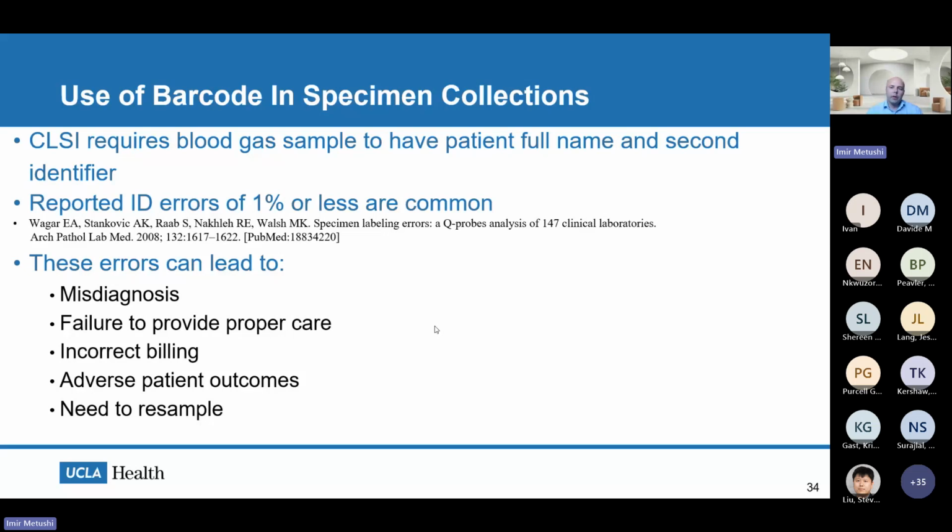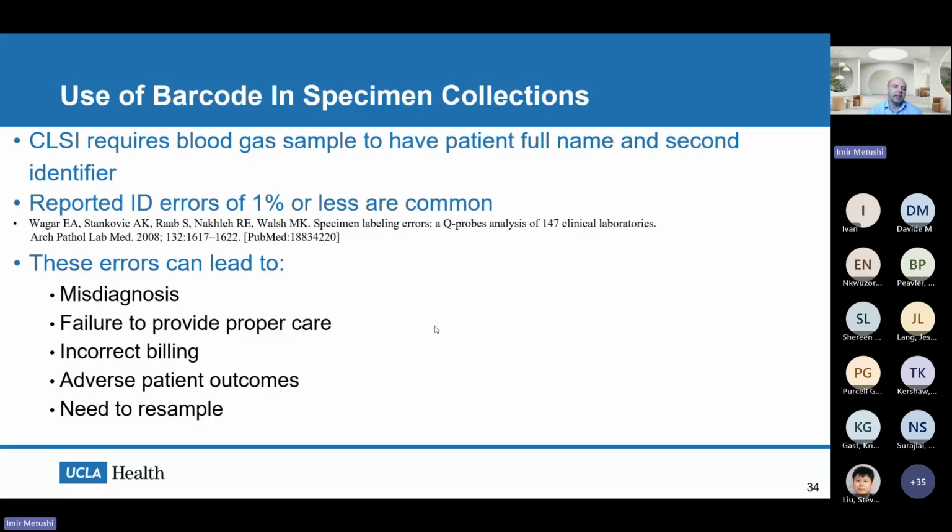However, the use of barcodes still does result in some errors. And the fraction of those errors can be very small, right? Less than 1%, which seems small, but because we run so many tests, that is still a very significant number.